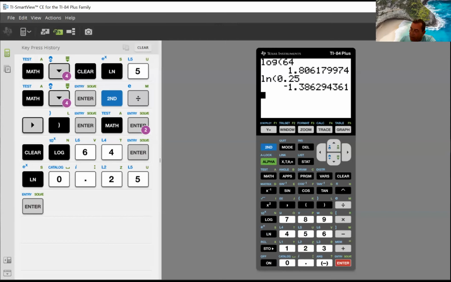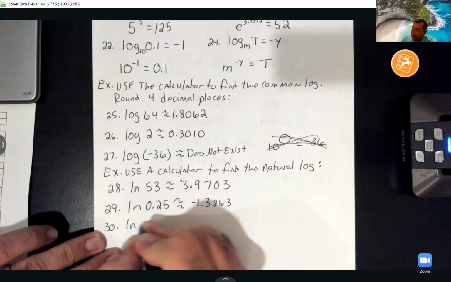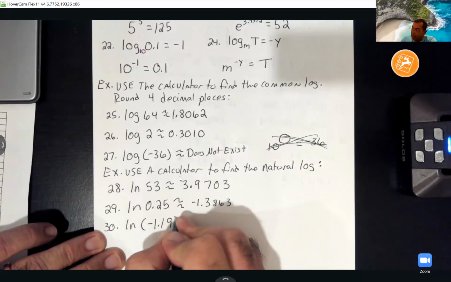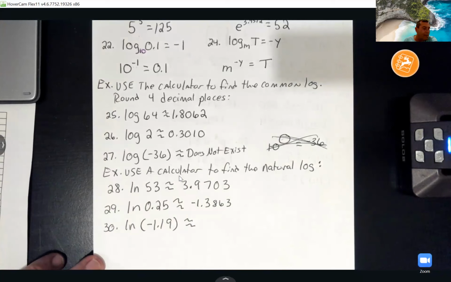All right, y'all. So 30 says LN of a negative 1.19. So what y'all getting?